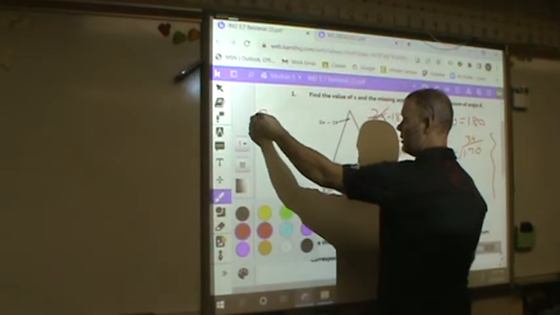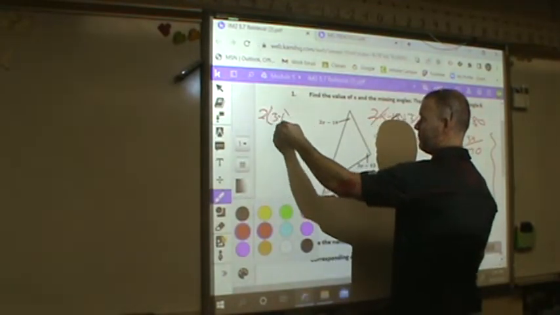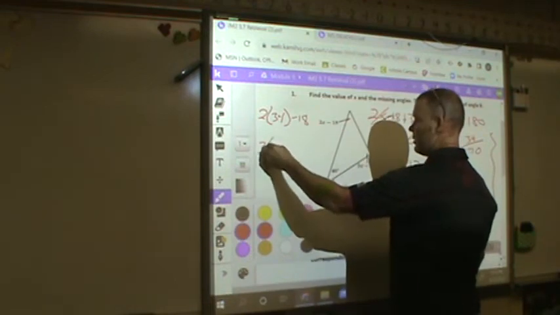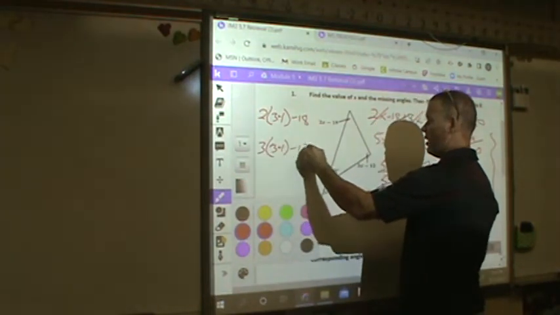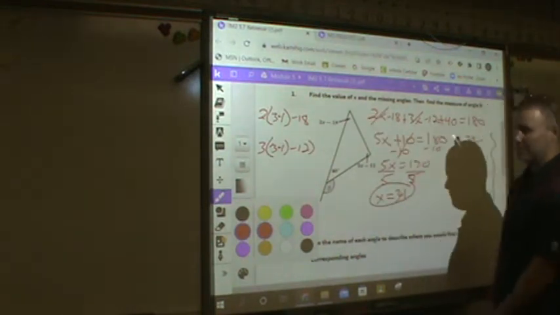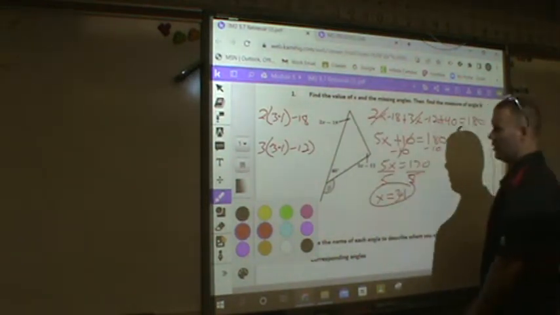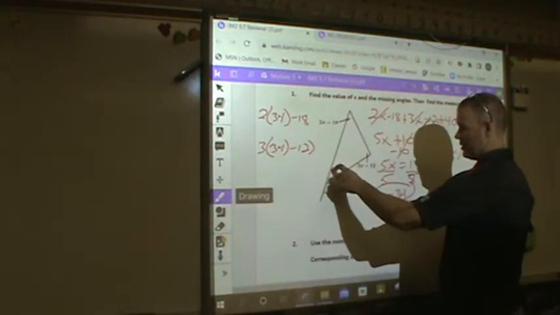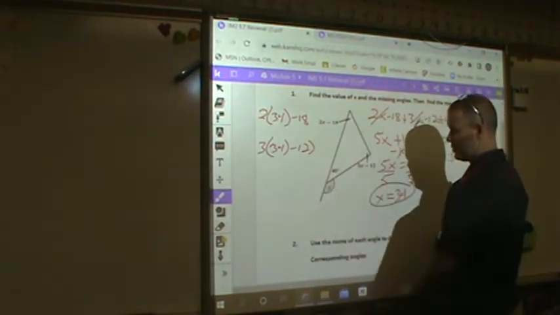So 2 times 34 minus 18 would give me the measure of that angle, or 3 times 34 minus 12 would also give me the measure. I could find both of these, add them together, and I've got b. I could do that. But what do you notice about these two angles? This was angle 3 inside, this was angle 4.